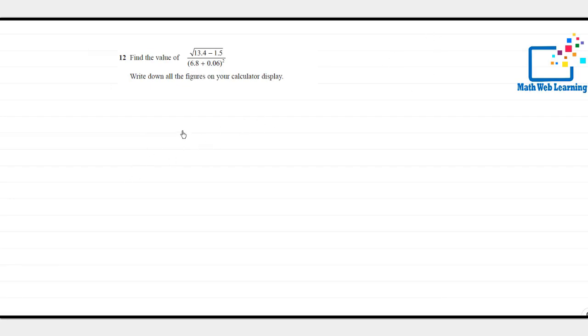So the answer is 0.07330359081. That's what my calculator displayed. That's what you should display, everything. Don't leave any digit. Do not write down "and so on", because that's what it says here. Display all the figures.